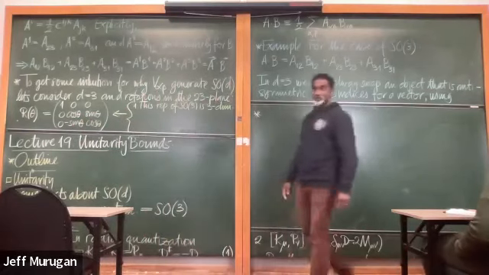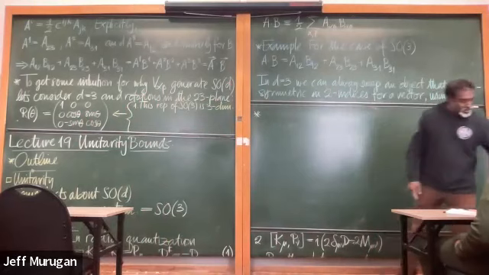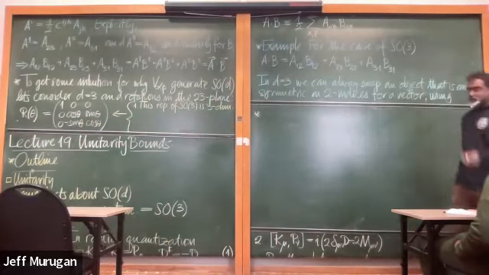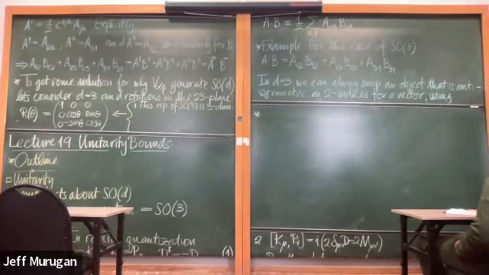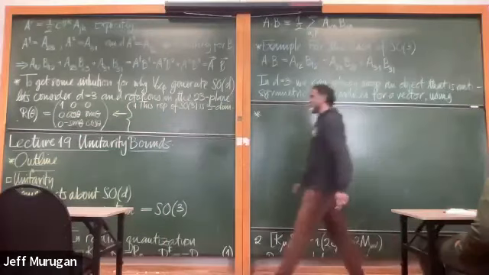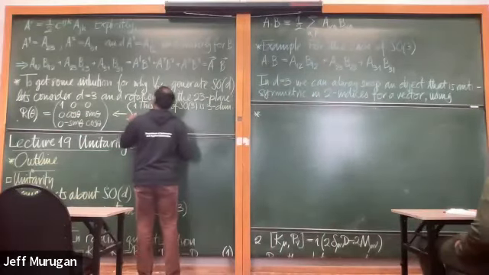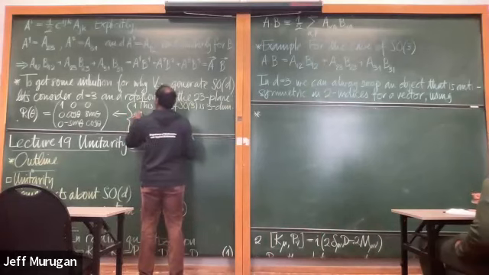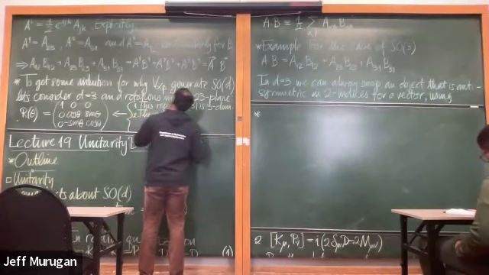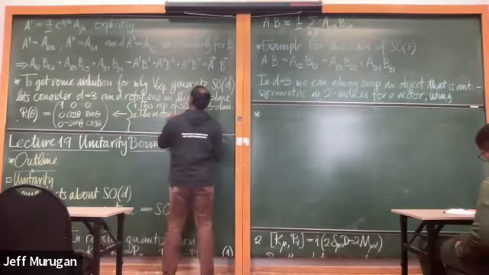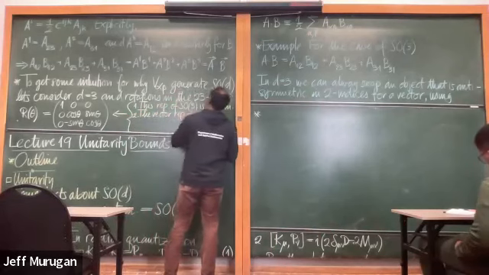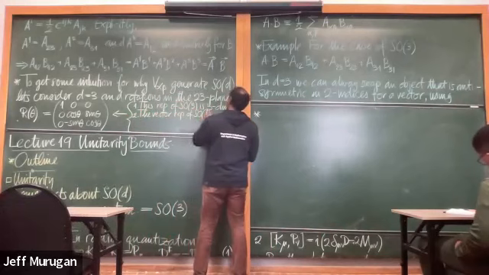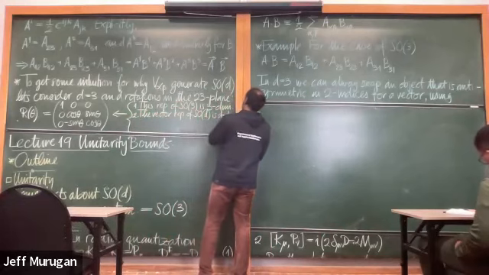representation of SO(3). The second point is that the vector representation of SO(D) is a d-dimensional representation. This is a statement from abstract algebra. Statement 2: the vector representation of SO(D) is d-dimensional.